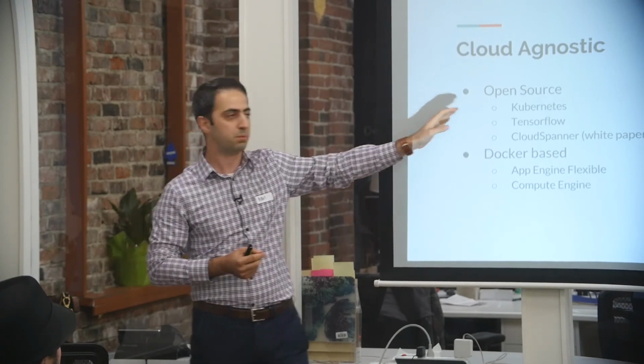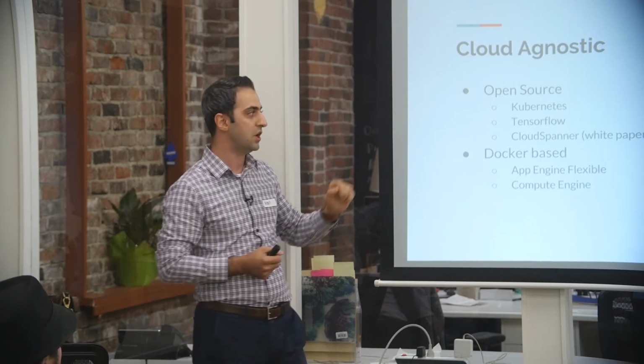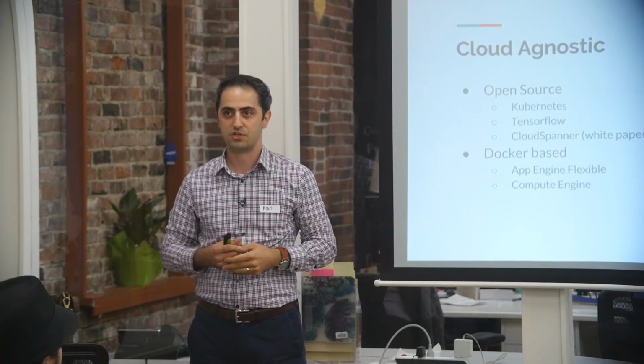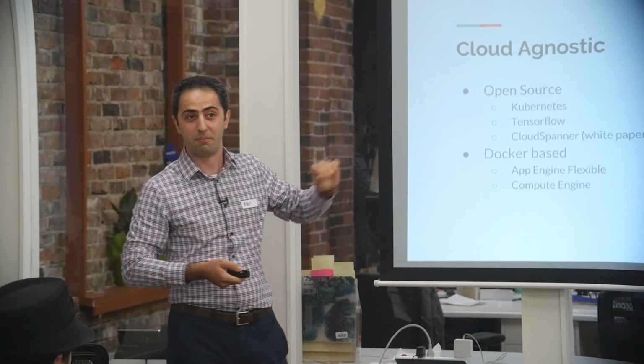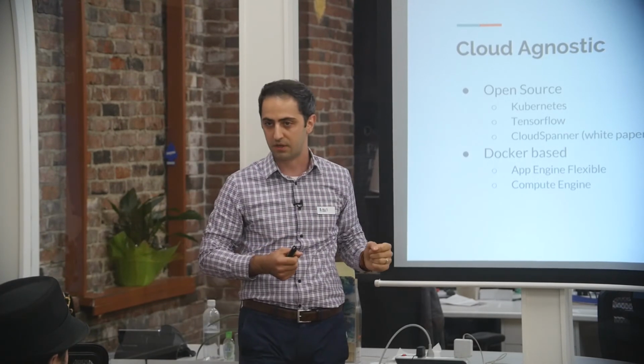You can deploy Kubernetes on any other cloud infrastructure you want. You can deploy TensorFlow on any other cloud infrastructure that you want. You can run Cloud Spanner if you have an atomic clock, but you can. In theory, you can do all of that, which is very powerful, which means that you're not tied to GCP if you build on GCP.